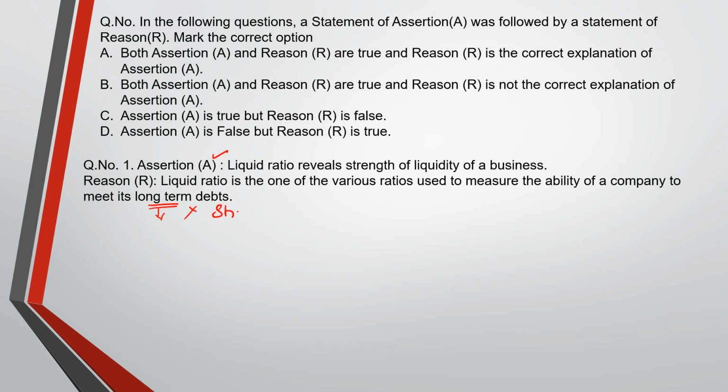It is to measure the short-term ability of the business to pay its debt in the short term. And therefore, this is false. Reason is false. So if you see, out of this, it is option C. Therefore, the right answer here is option C, where the assertion is true but the reason is false.